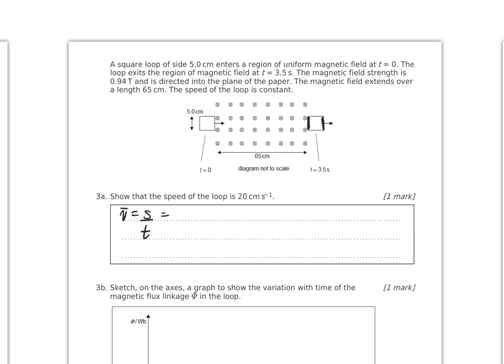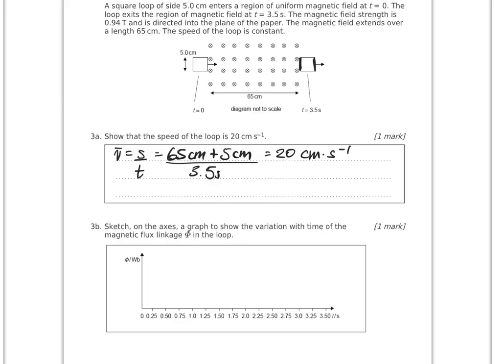So the displacement is 65 centimeters plus 5 centimeters, over a time of 3.5 seconds. That's 70 divided by 3.5, and that gets us 20 meters per second. Sorry, that's 20 centimeters per second, not 20 meters per second.